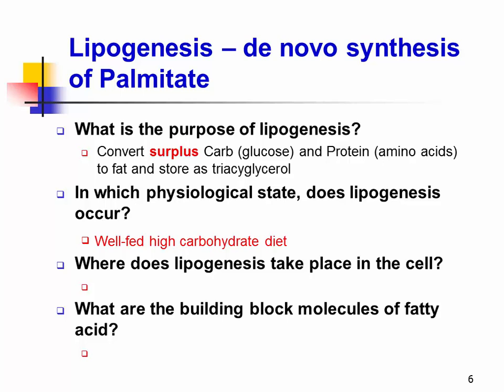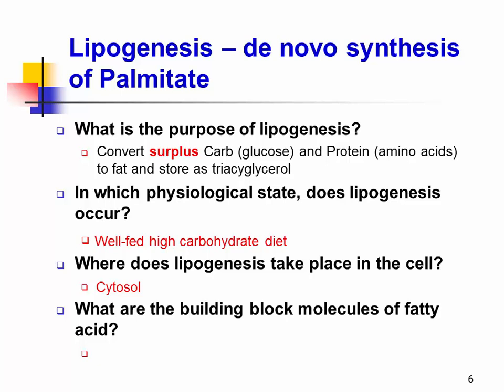So where does lipogenesis take place in the cell? Cytosol versus mitochondria. Just remember that oxidative or catabolic metabolism usually takes place in the mitochondria. This is synthesis, so consider it anabolic metabolism. So it's in the cytosol.